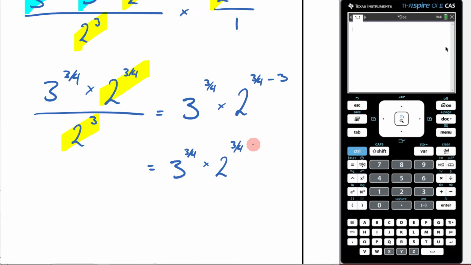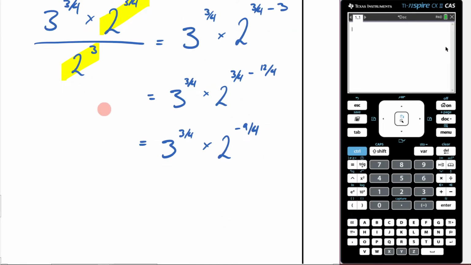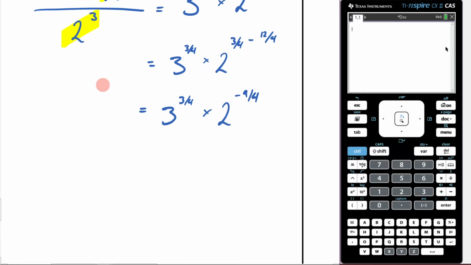So that's going to be 12 on 4, right? Which means my final answer here is going to be, now this is going to be negative 9 on 4. And I don't like having a negative there, so that means I'm going to rewrite it as 3 on 4 over 2 9 on 4. And that's going to be our answer there.